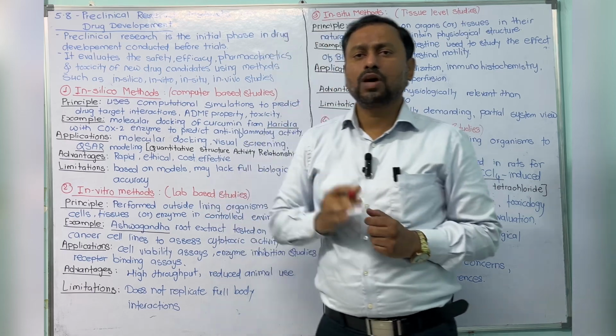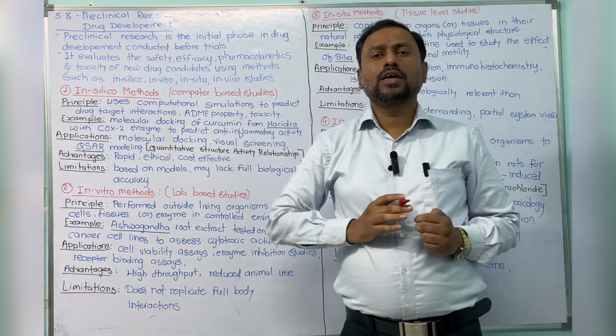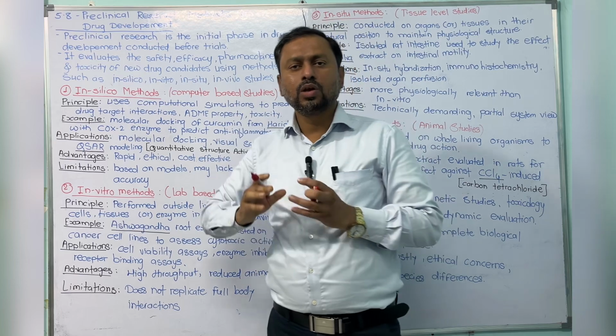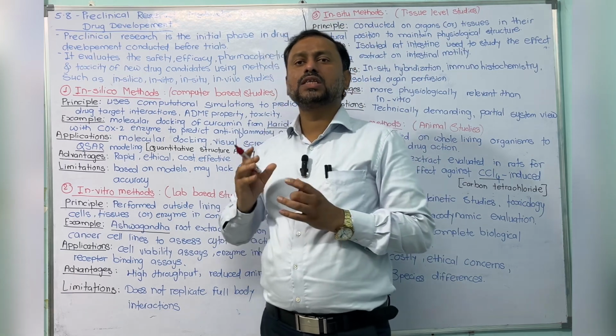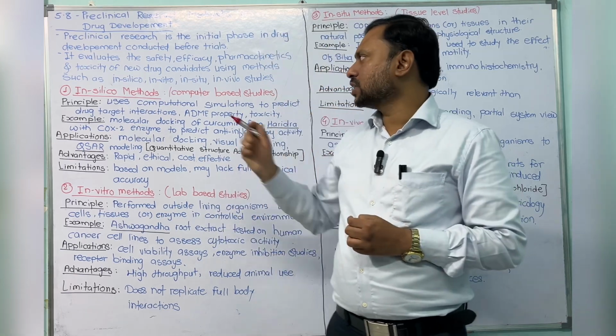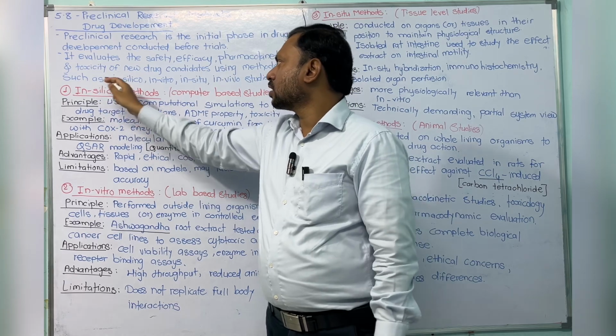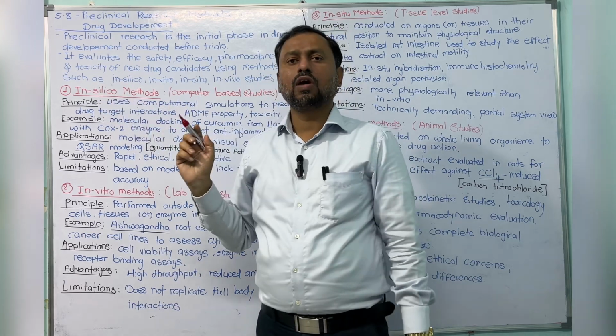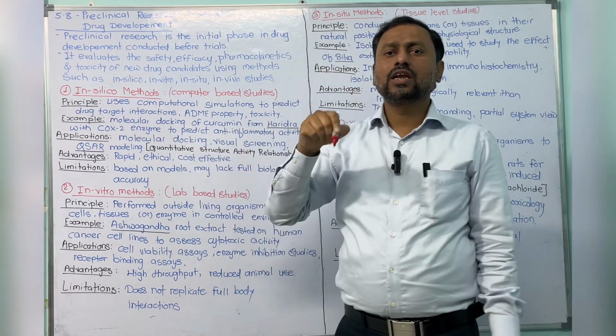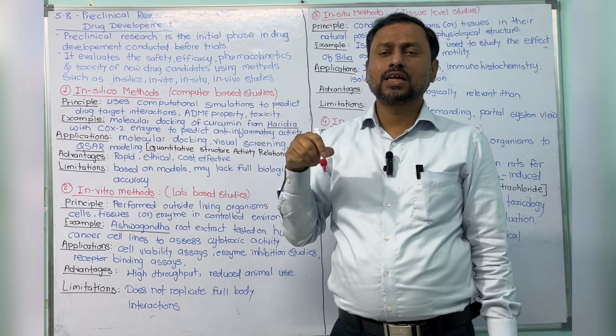Now we'll study one by one. What is meant by the in silico method? The first term is in silico. In silico is nothing but the computer chip, called silico. In silico means inside the computer.